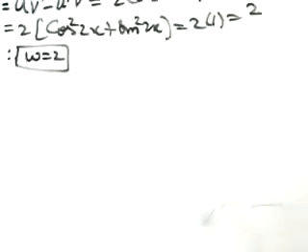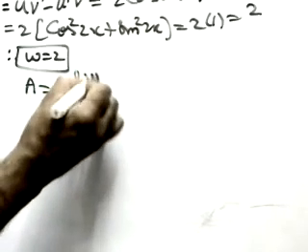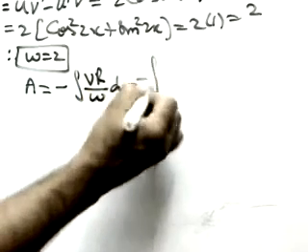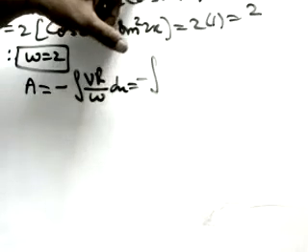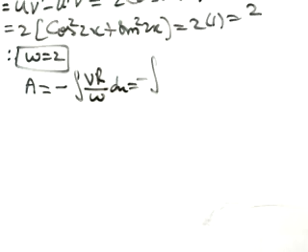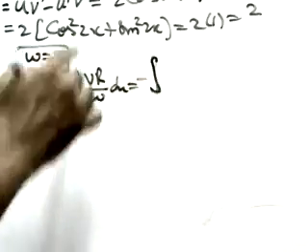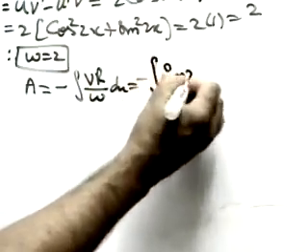Now, first step. Next we have to find a and b. The value of a will be a equals minus integration of v into r by w. V is sin 2x, so minus integration of sin 2x into r. Initially r is tan 2x.